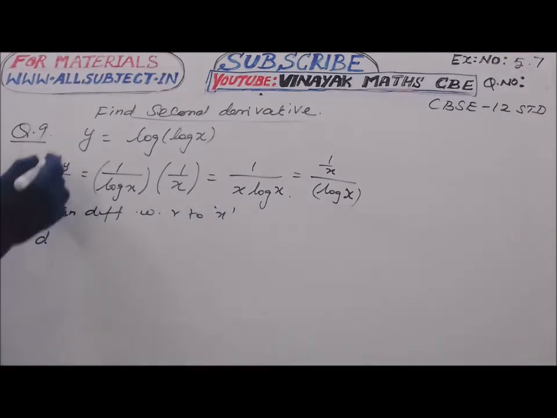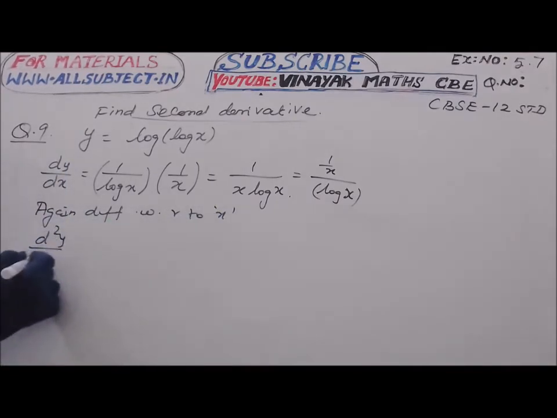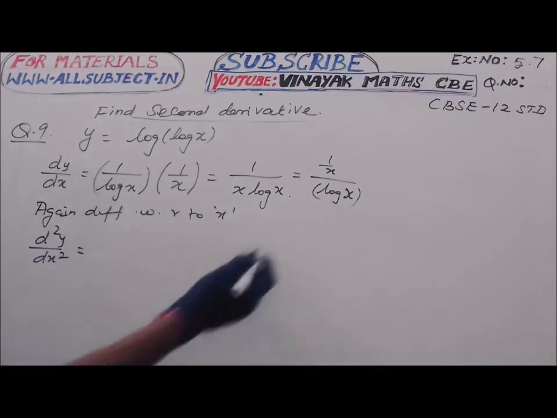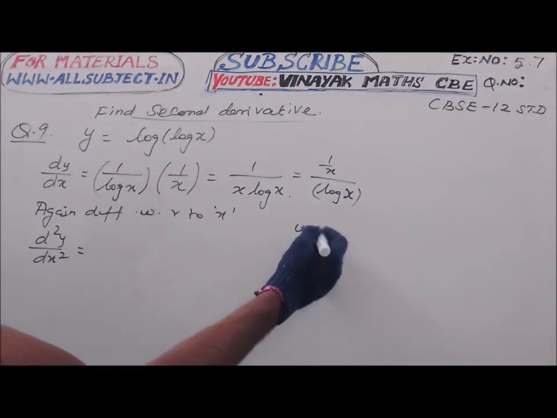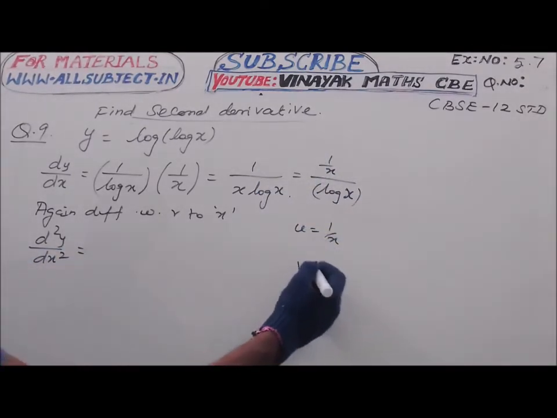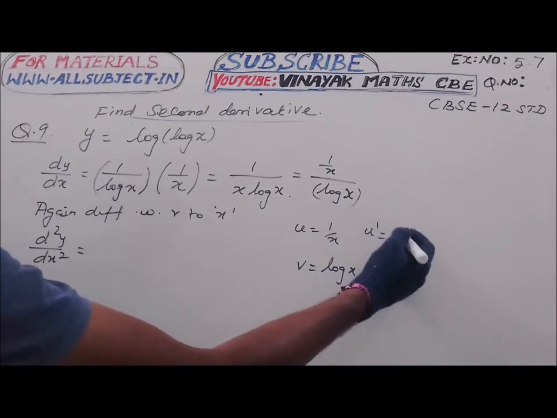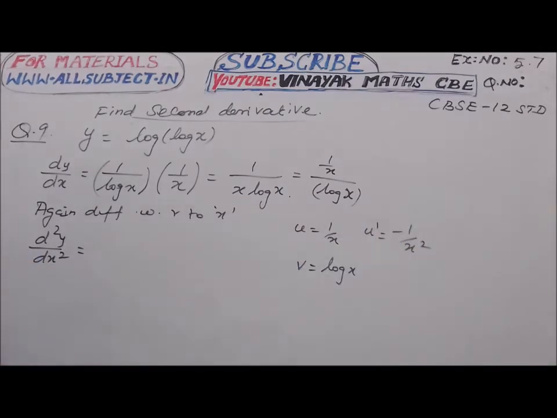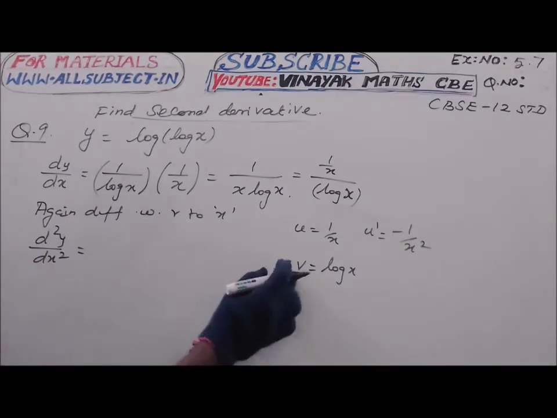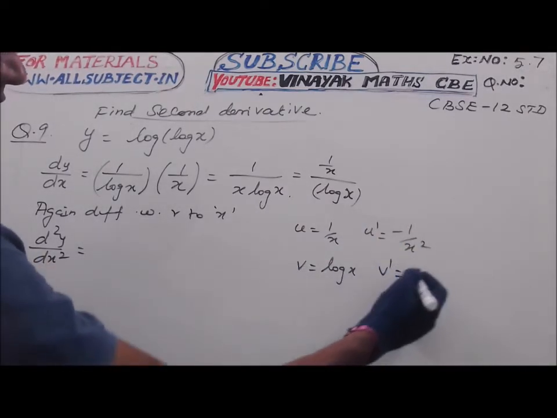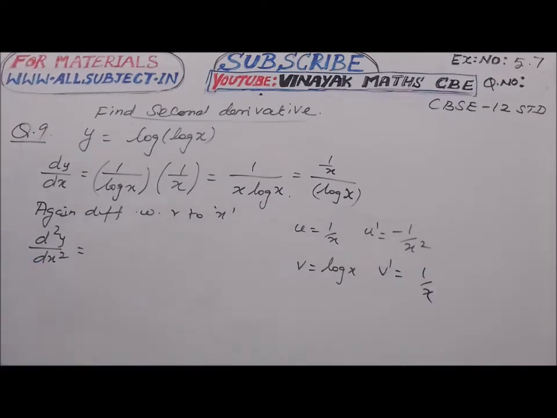The derivative of dy by dx is d square y by dx square. Here we have u equal to 1 by x and v equal to log x. u dash is the derivative of 1 by x, minus 1 by x square. v dash is the derivative of log x, 1 by x.